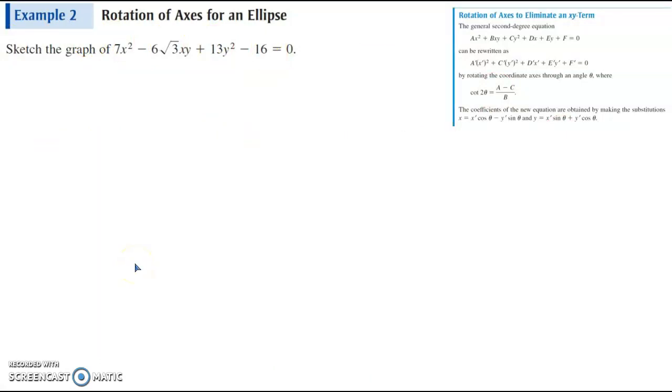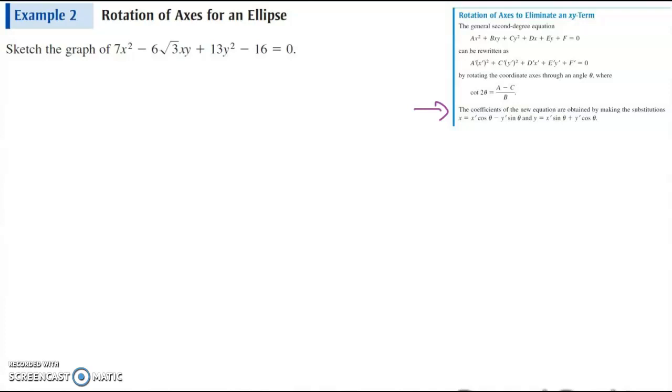So now that we know what theta is, you plug it into the formulas on the bottom of this little block I put here where we're eliminating the xy term. I had paused the video, but it took me like 45 minutes to come up with the solution, because I had missed the negative sign the first time, and the second time, when I did the distribution of everything, I lost track of one of the variables.